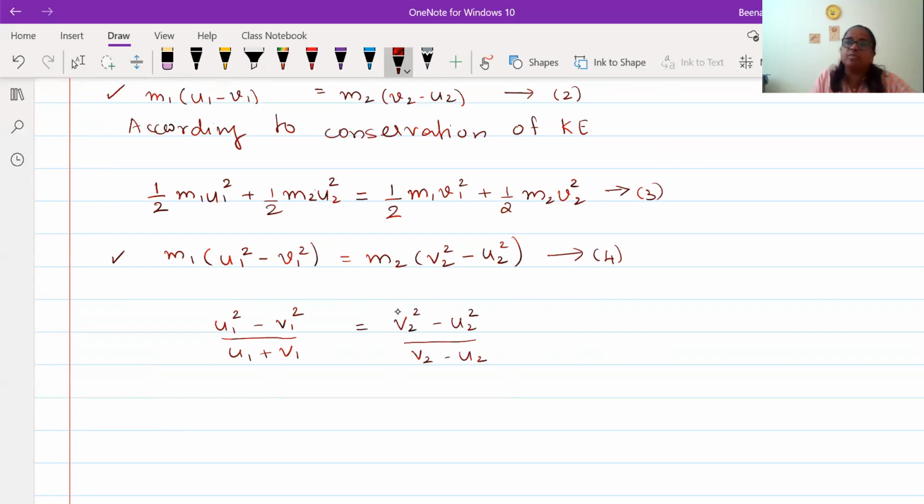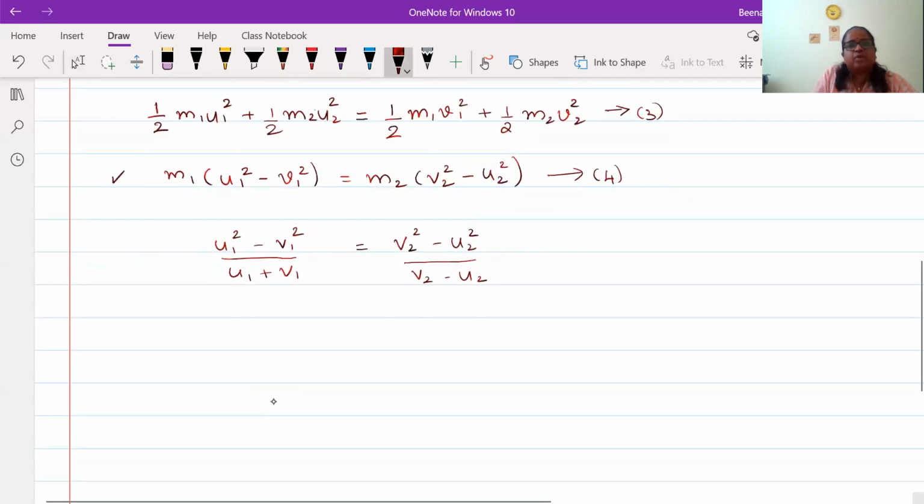You can see this is in the form of a square minus b square by a minus b, and a square minus b square is (a plus b) into (a minus b). So using the identity when we solve, we get u1 plus v1 is equal to v2 plus u2.